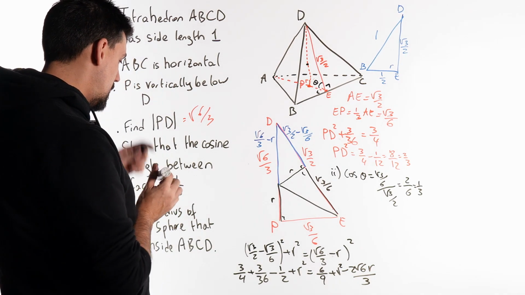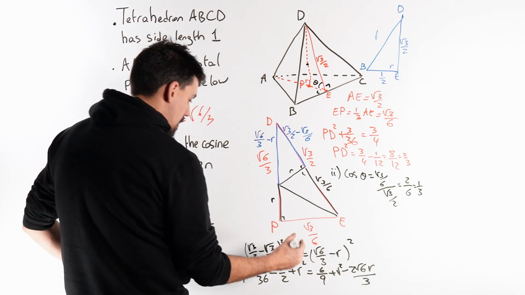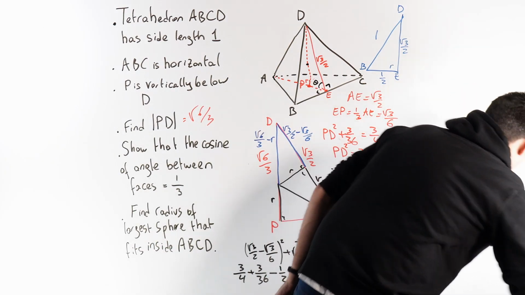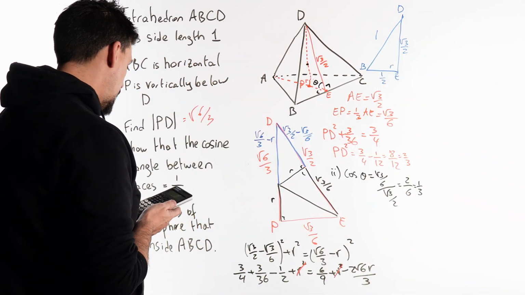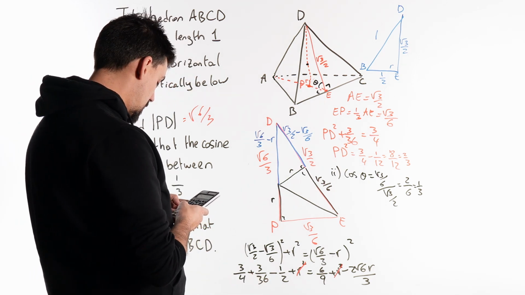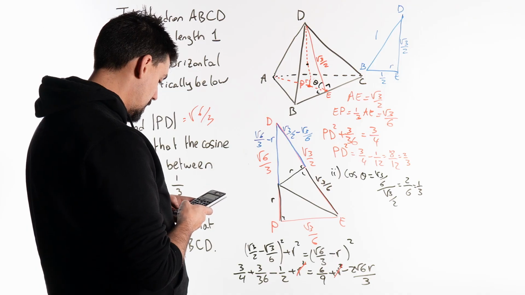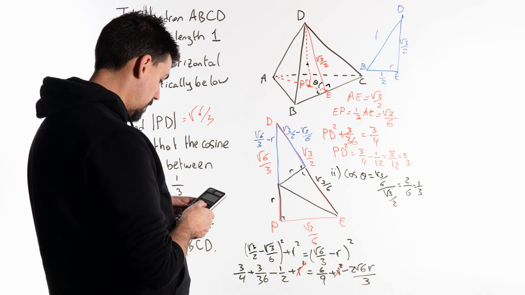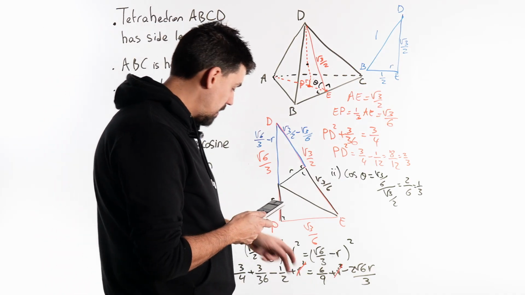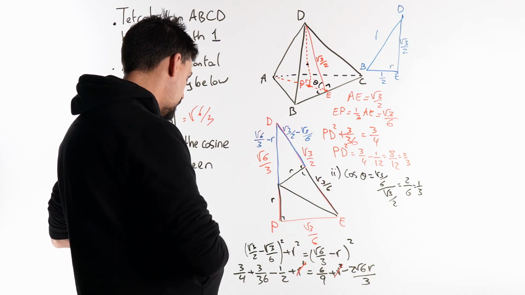So we end up with this. Hopefully you can see that. And for the benefit of speed, we'll do 3/4 plus 1/12 minus 1/2 minus the 2/3, so minus a third.